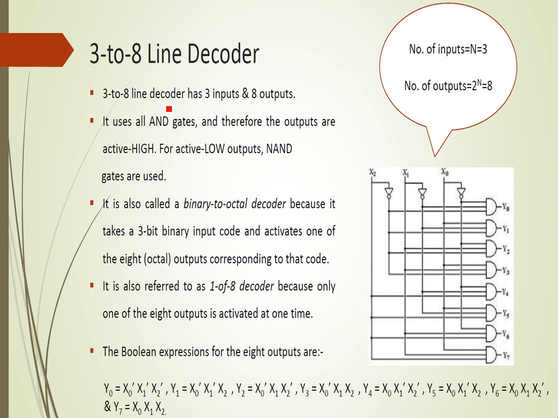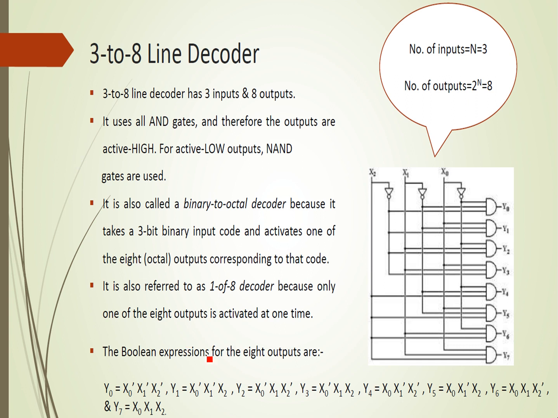For active low outputs, NAND gates are used. And it is also called a binary to octal decoder because it takes a 3-bit binary input code and activates one of the 8 outputs corresponding to that code. And it is also referred to as 1 of 8 decoder because only one of the 8 outputs is activated at one time.